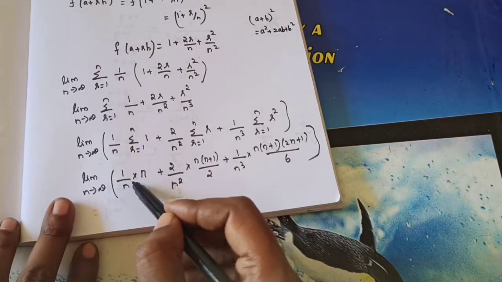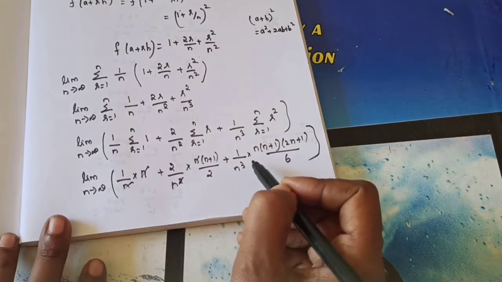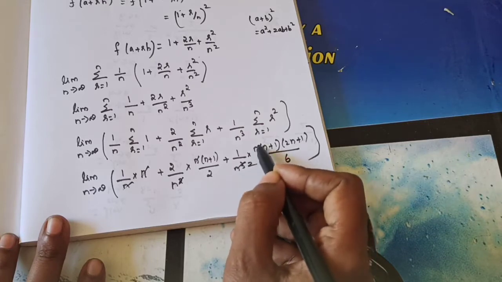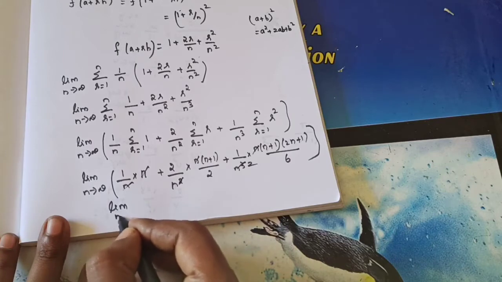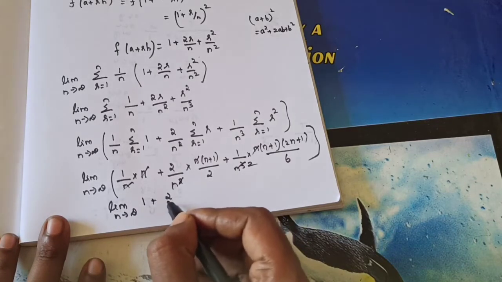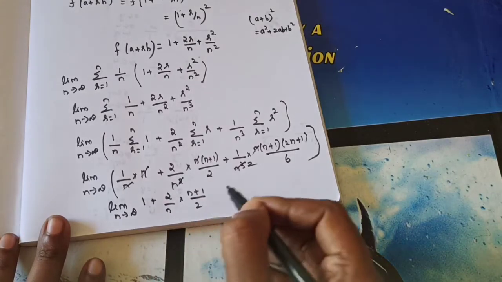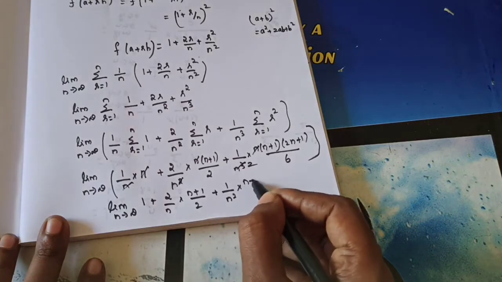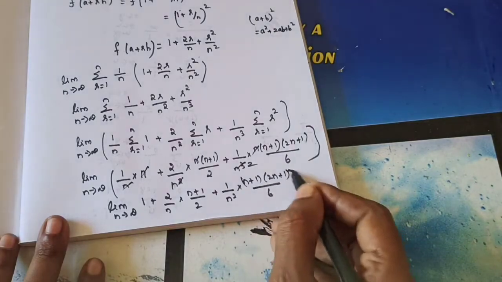So here this n and n you will cancel. So here 1 and n will go. So here n cube is there, is it right? So it will become n square. Then here this n will get cancelled. So what's the balance? Limit n tends to infinity, 1 will be there, plus 2 by n into n plus 1 by 2 must be there. Then 1 by n square into n plus 1 into 2n plus 1 by 6 must be there.